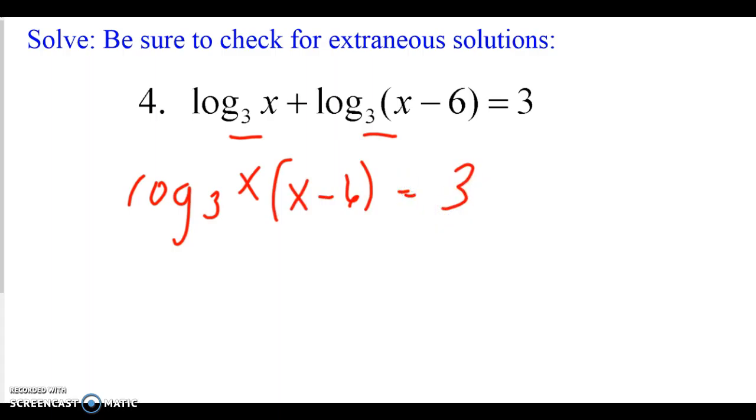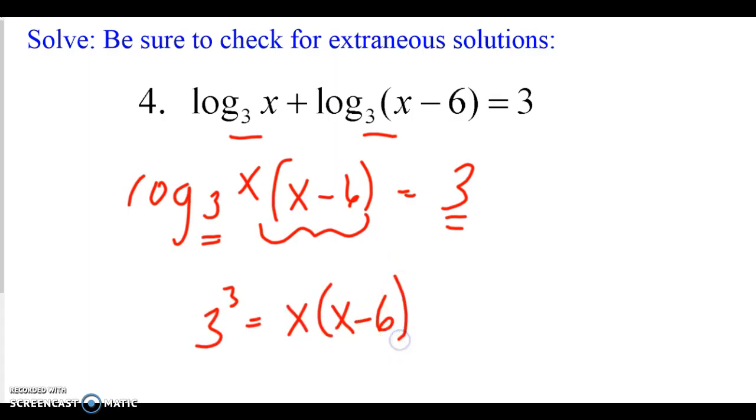Now, since there's not a log on both sides, I can't just cross out log base 3 and pretend that it doesn't exist. But what I can do is see that this is simply a logarithm equation. And so base to the power equals the number. So I can say 3 to the third equals x times x minus 6. So in that case, 27.